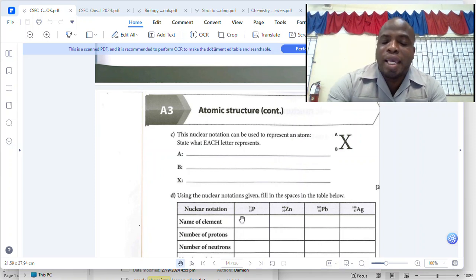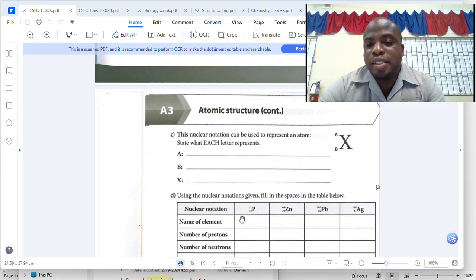Then of course, X is the symbol. Let me jump to the table right here to show you something about the symbol. Two things I want to point out. One, the symbol doesn't always reflect the name of the atom or the element. One of the reasons is that some of these come from the Latin name, and some we use the English name.